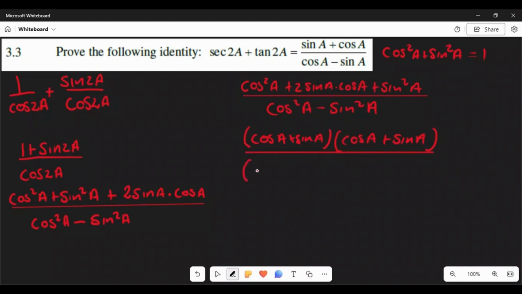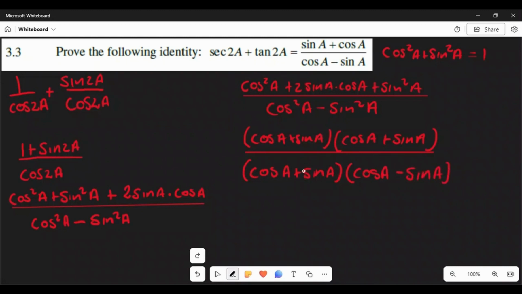So let's do the difference of two squares. We have cos A plus sine A, and the second bracket is going to be cos A minus sine A. By the way, this is the difference of two squares, guys.